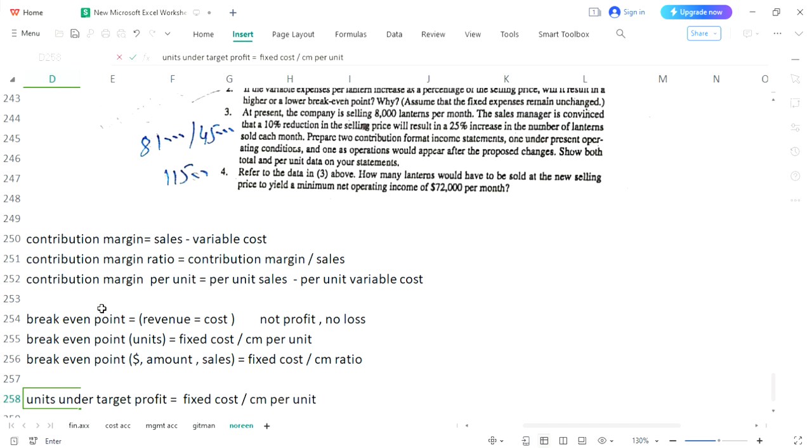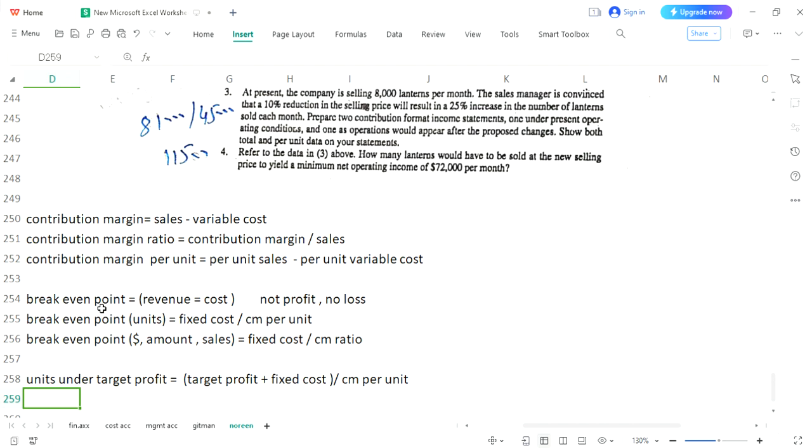The only change you will make in this formula is that you will add target profit in fixed cost. This way you can calculate your target profit units. That means how many units should be manufactured to get a certain target profit.